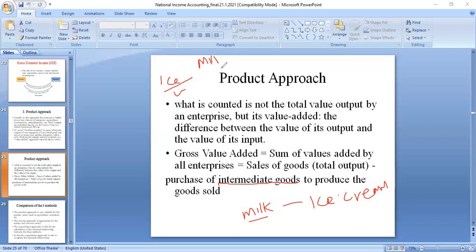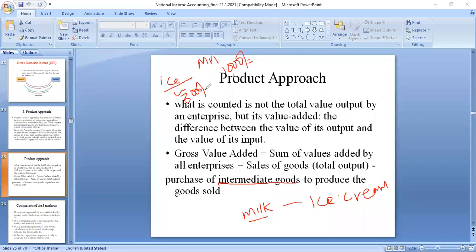For example, if the milk was, let me say, 1,000, I'm just giving an example. If the cost of that milk was 1,000 Ugandan shillings, and this milk is used to process ice cream, and the final value of that ice cream is, for example, 3,000 shillings.